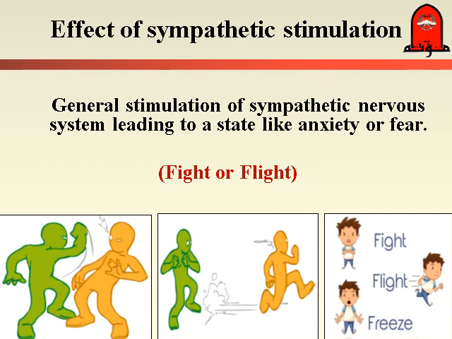Accordingly, if we do generalized stimulation of the sympathetic nervous system, it will produce a state that we call fight or flight, because generalized stimulation will produce a state like anxiety or fear.